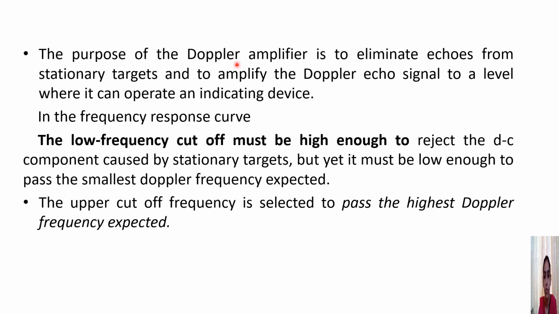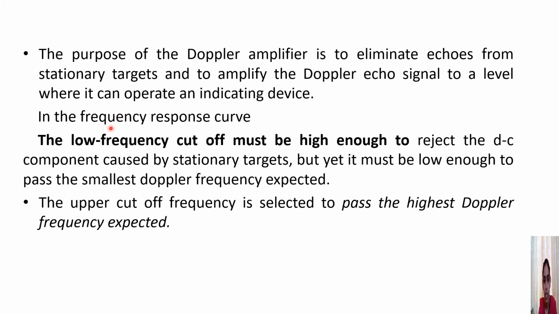Now the purpose of the Doppler amplifier is to eliminate the echoes from stationary targets, that is, it does not take them into account, and to eliminate all the unwanted noise. It will amplify only the necessary Doppler signal to a level where it can operate an indicating device, that is, it should be properly indicated by the indicating device.